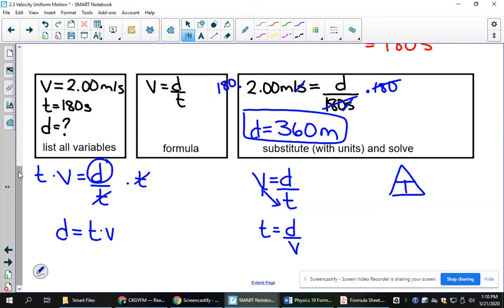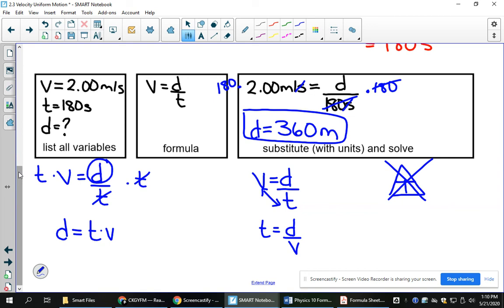Memorizing the formulas kind of gets you out of doing the algebra, which is really the skill that we want to practice here. So make sure that you're not writing this triangle down and kind of taking the easy way out. I want you to be doing the algebra every single time.